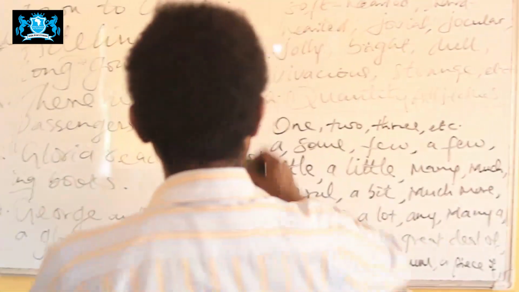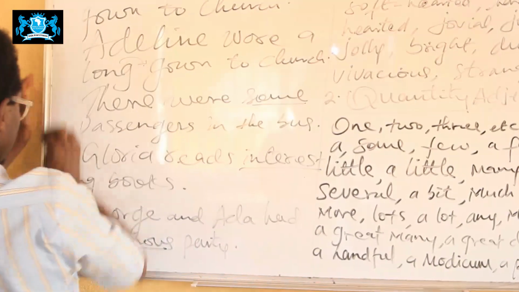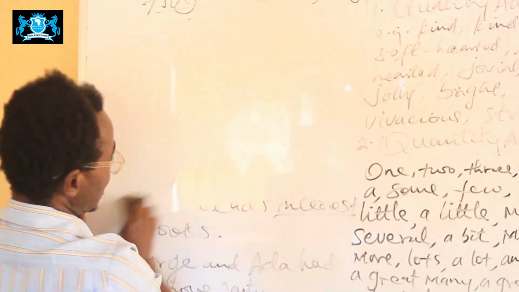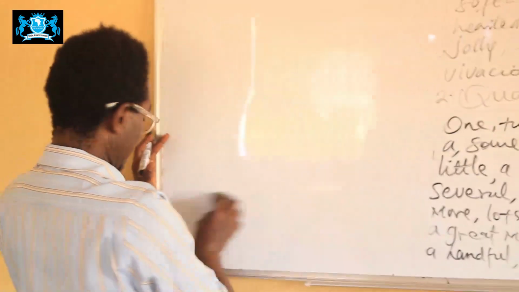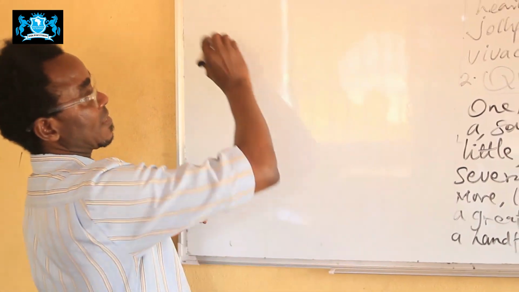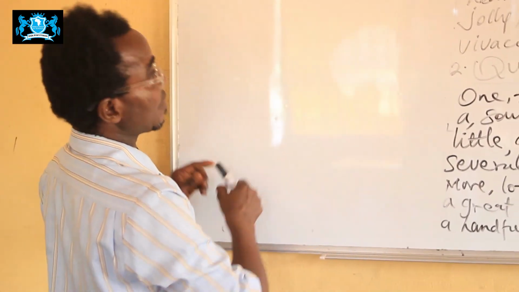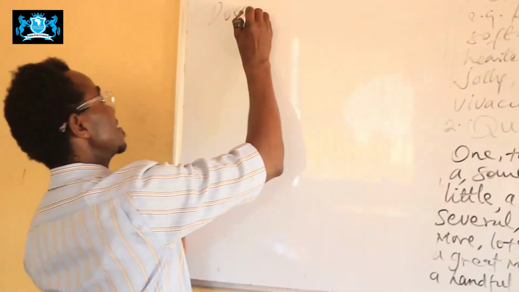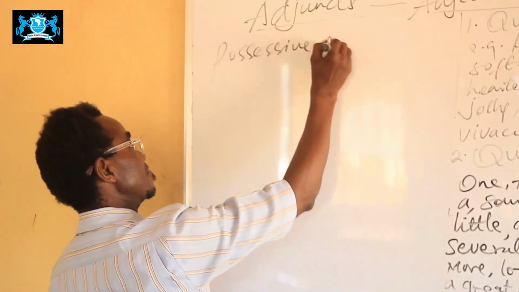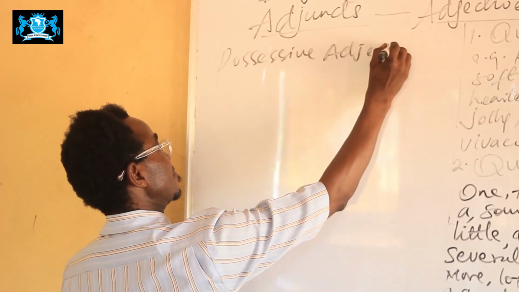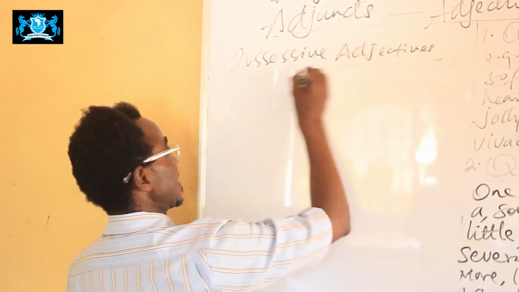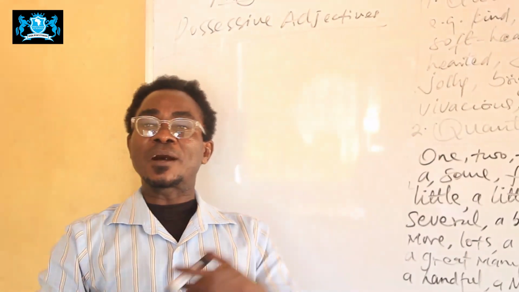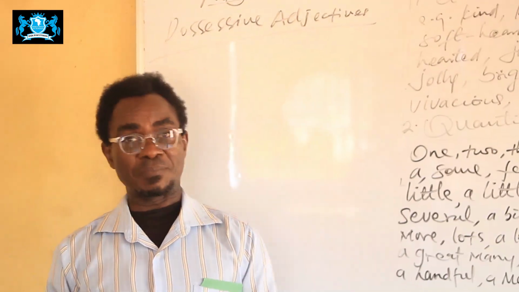Now, apart from these examples of adjectives that we've given, there are still others. We can also talk about possessive adjectives, and these are adjectives that we use to talk about ownership, to talk about who owns something.